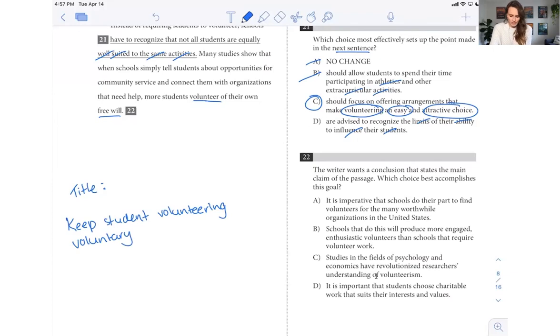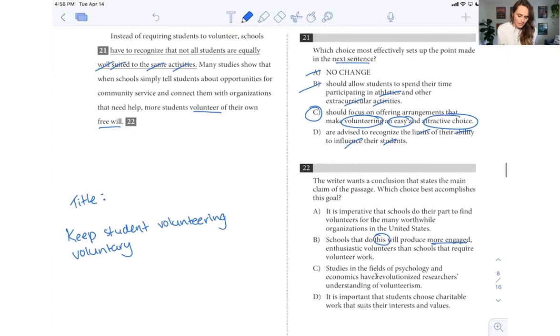Making it voluntary. B, schools that do this will produce more engaged, and what is this, right? This is what came before. So this would be keeping volunteering voluntary. So it's kind of a mouthful. Voluntary volunteering. Will produce more engaged, enthusiastic volunteers in schools that require volunteer work.